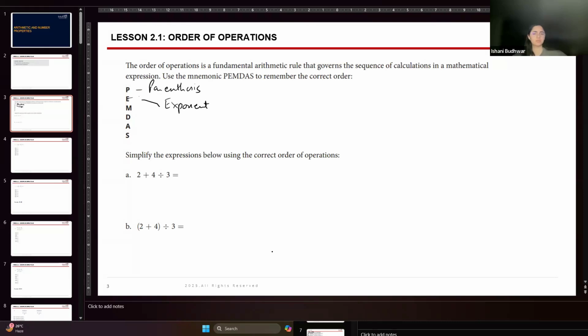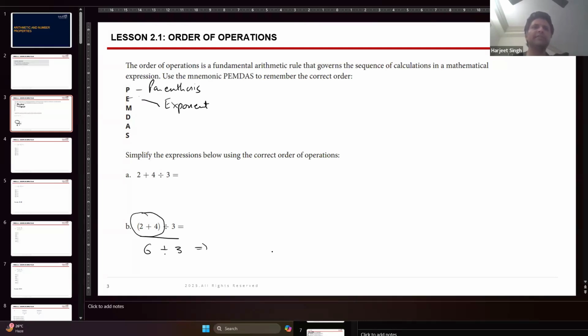So for instance, this, we will solve the parentheses first and then division, which is answer is 2. Simple one. Here we will first solve the division because that's higher in the pecking order. And then I'll add 2 to it.